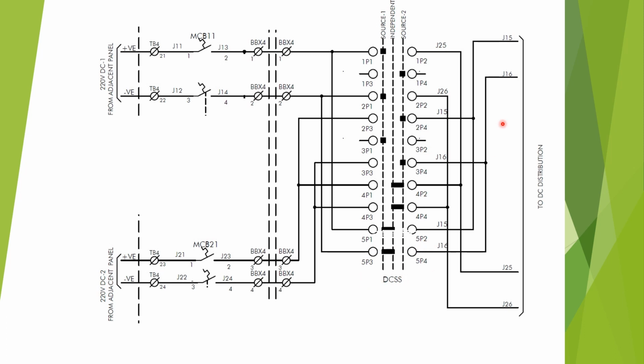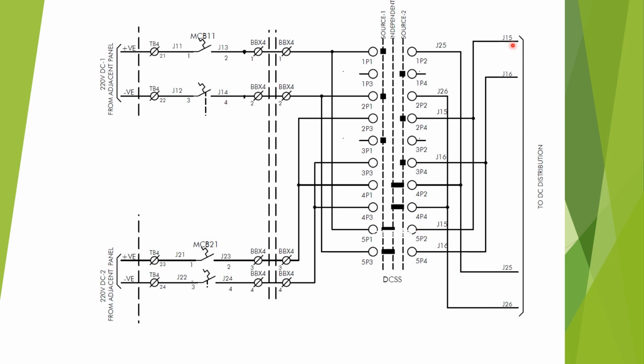So in this case, J15 and J16 will get DC from the DC source 1 via 5P1, 5P2, 5P3 and 5P4 contacts. And J25 and J26 will get DC from 4P1, 4P2, 4P3 and 4P4 contacts.